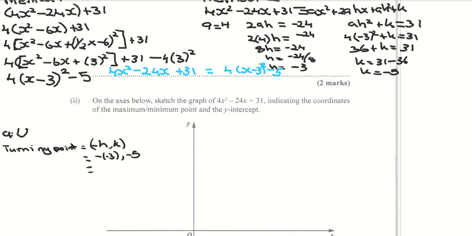So my turning point is 3, minus 5. The next thing you have to recognize is the coordinates of the maximum or minimum point. It will not have a maximum point because a is positive. There's a minimum point, also known as the turning point, which is 3, minus 5. And then the y-intercept.